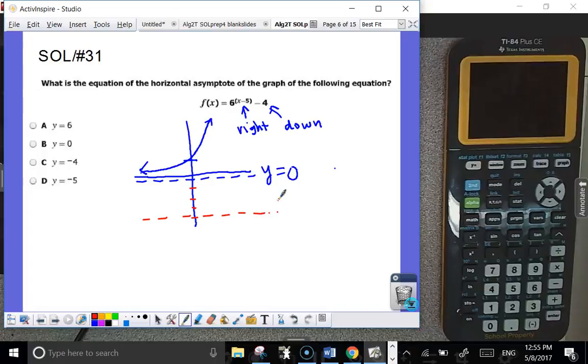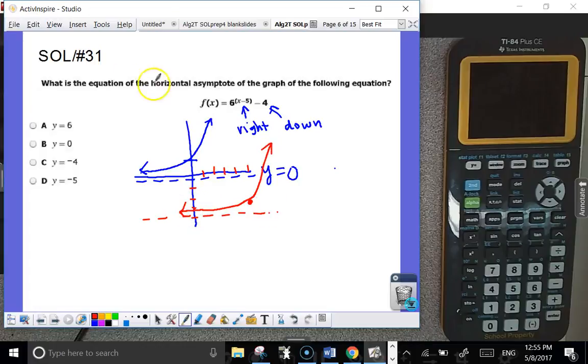It's not quite that simple, because it's also been moved to the right 5. If I was going to graph it, I would take that y-intercept of 1 and go down 4, 1, 2, 3, 4, then go to the right 5, 3, 4, 5. I would know it should have that point on it, and then the rest you could just sketch in something that generally looks like that.